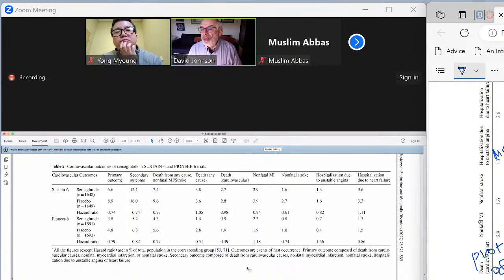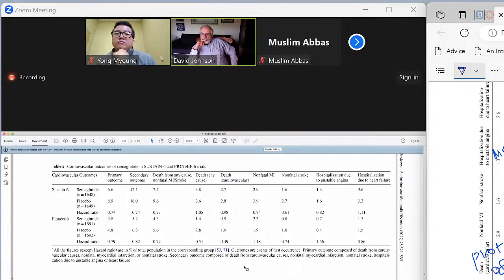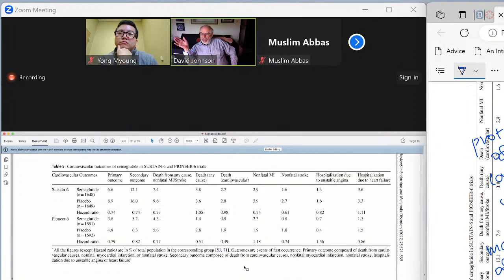Why do you think that would be? From a mechanistic standpoint, why would this drug show some benefit with the heart? I could think of a couple of ways.